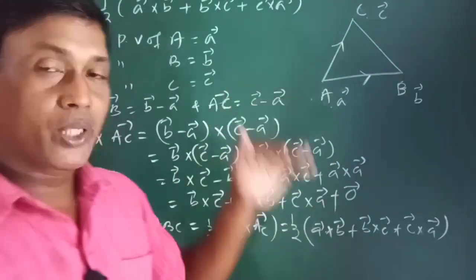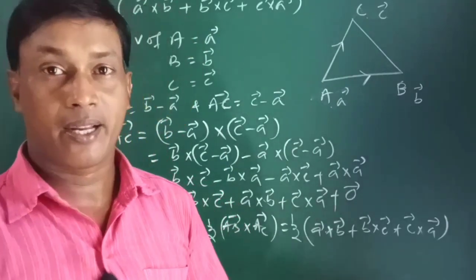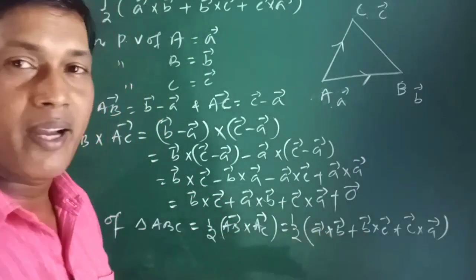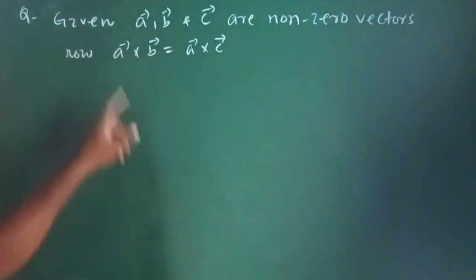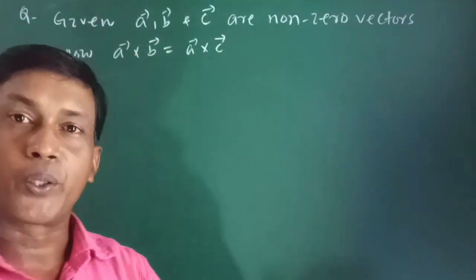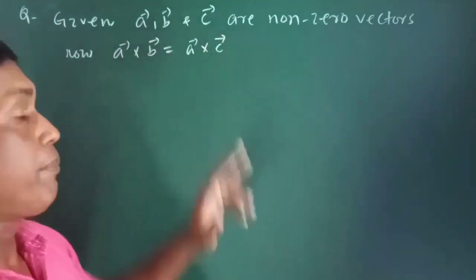So if the position vectors of the vertices of a triangle are given, then you can find the vector area like this.